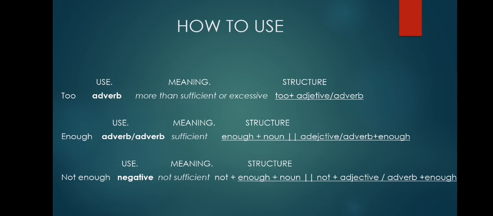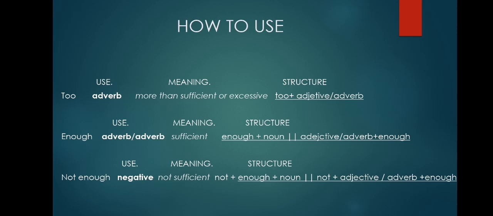Let's see some keys. How to use it? Too, adverb, more than sufficient or excessive. Too plus adjective and adverb. Use, meaning and structure. Take notes because this is going to be very useful for your work and your sentences, and to make your activities and not have many doubts on your mind.